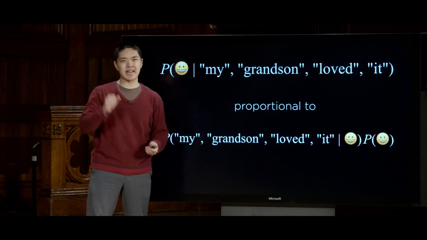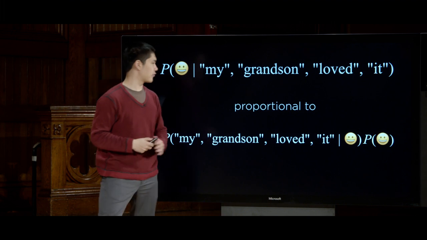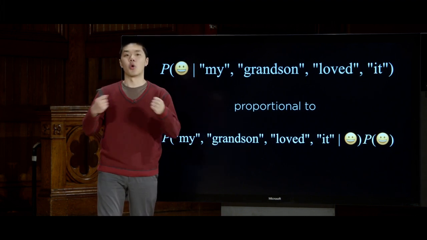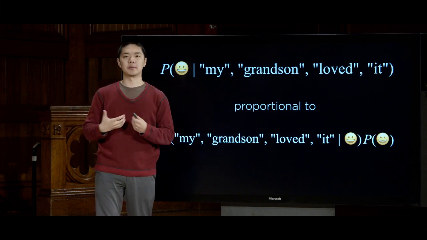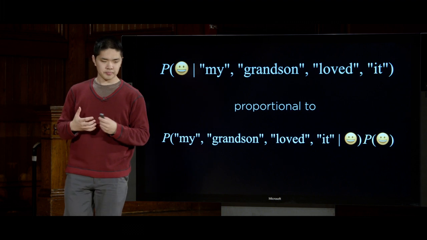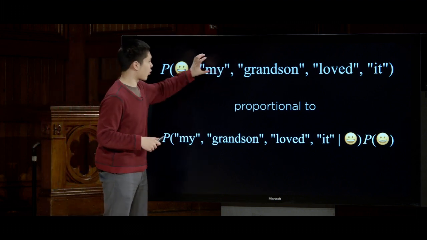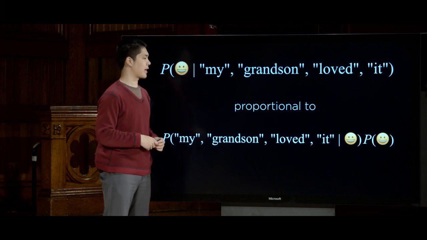Using the denominator would get us an exact probability, but what we'll really just do is figure out what the probability is proportional to, and at the end we'll have to normalize the probability distribution, make sure the probability distribution ultimately sums up to the number 1. So now I've been able to formulate this probability, which is what I want to care about, as proportional to multiplying these two things together.